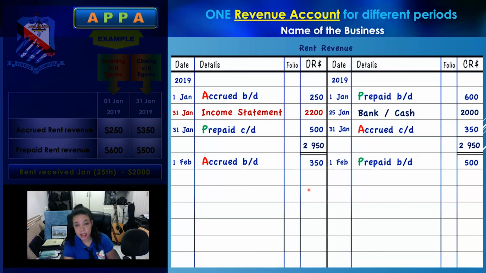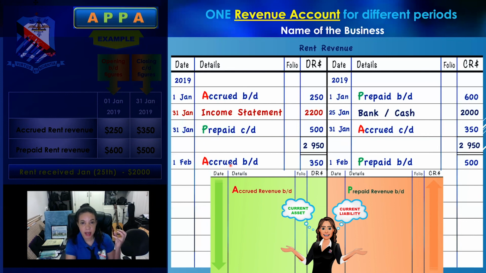Just a note, accrued revenue, if you remember, is a current asset. As an asset, assets are usually debited. Look at where we have our accrued revenue. It is on the debit side. And then if we look at our prepaid amount, prepaid revenue or unearned revenue is a current liability.